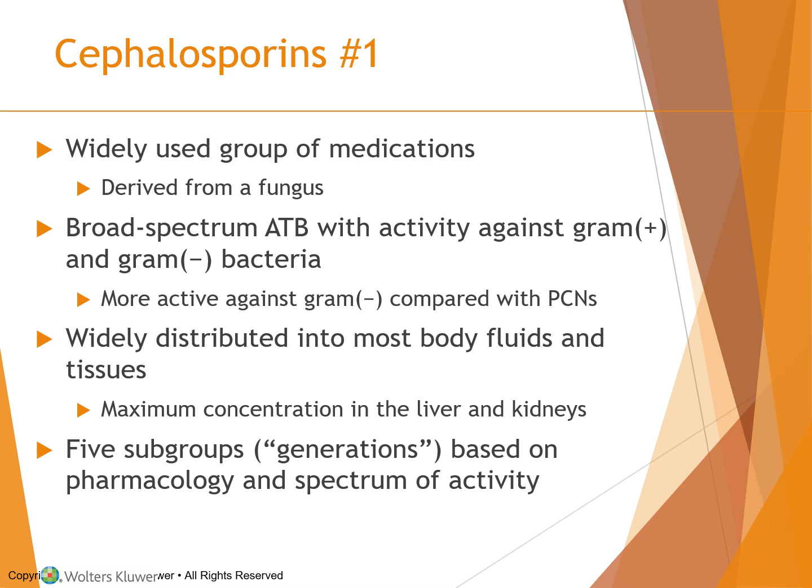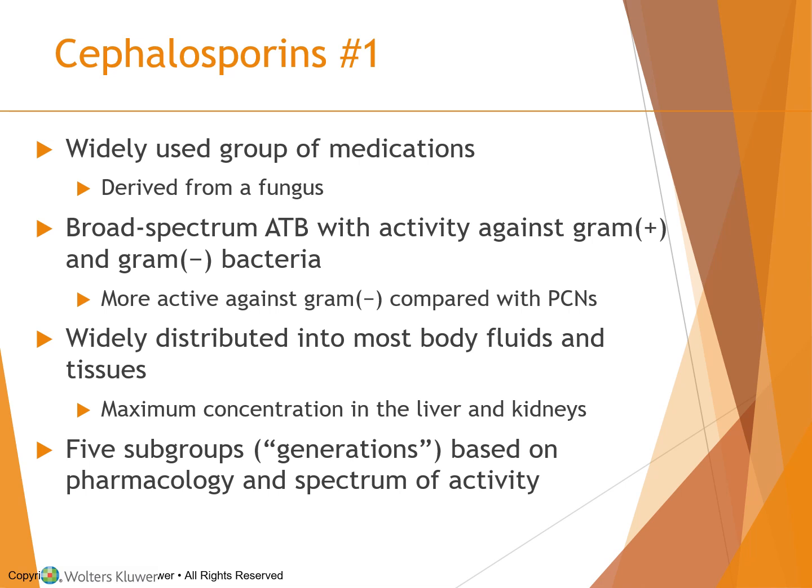So cephalosporins have a broad spectrum bactericidal activity against gram positive and gram negative. They're more active against gram negative when you compare them to the penicillin. So if you compare cephalosporins and ampicillin, ampicillin is going to be a better antibiotic for gram positive, and cephalosporins is going to work better for gram negative.